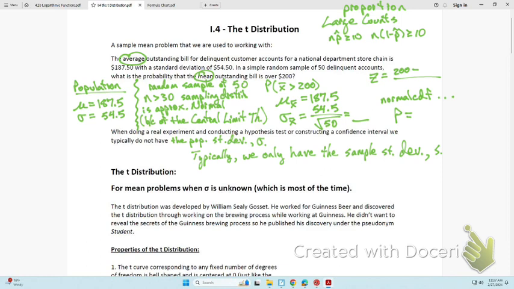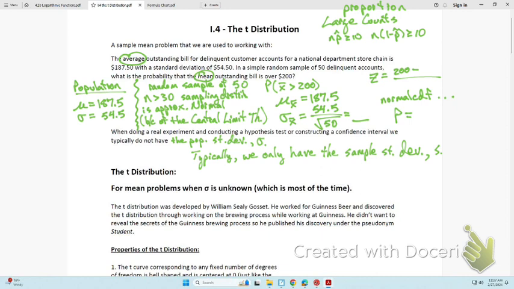It's going to be close to it, but probably not exactly that. So sigma is the perfect value, and in an ideal world, we would have it, but yet we don't know it because we're not psychic. We have to take a sample, hence the whole reason of doing statistics.